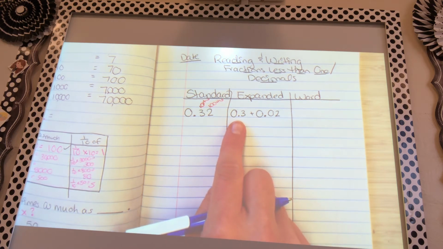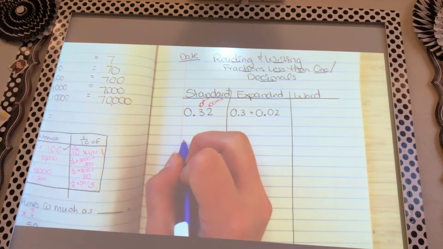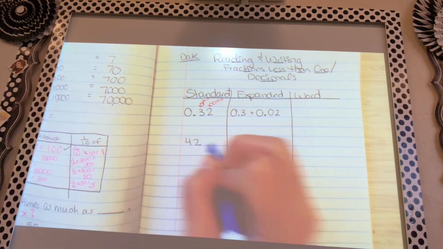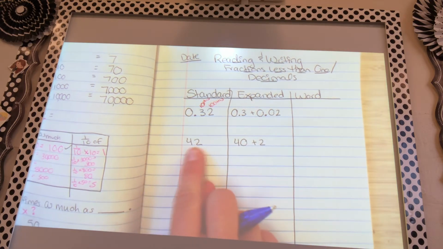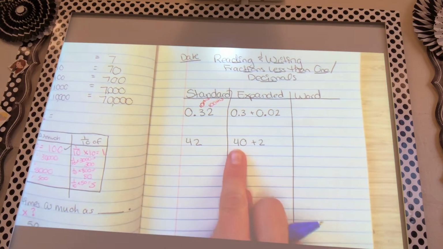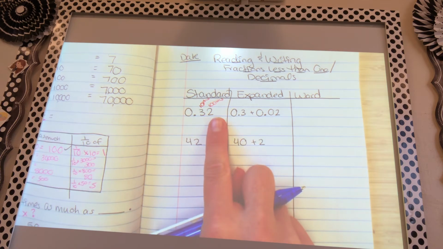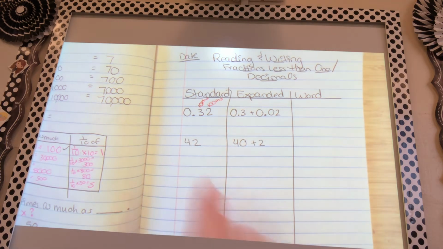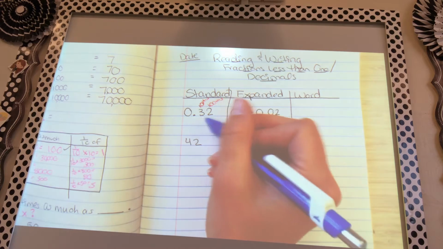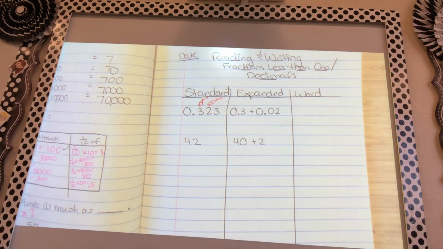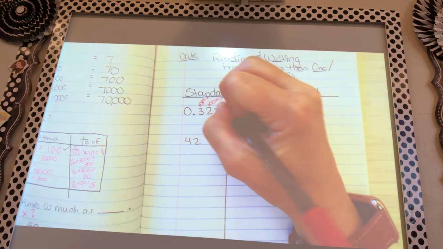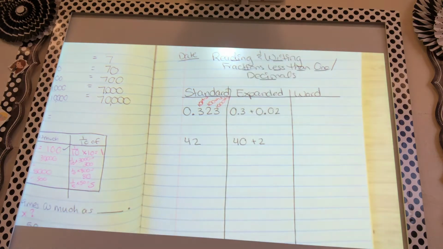So just like I would have the number 42, and I would write 40 plus 2, I separate the tens and the ones. In the same way, I separate the tenths and the hundredths. So I can also add into this problem 323 thousandths. So this is the thousandths place value with the TH at the end.